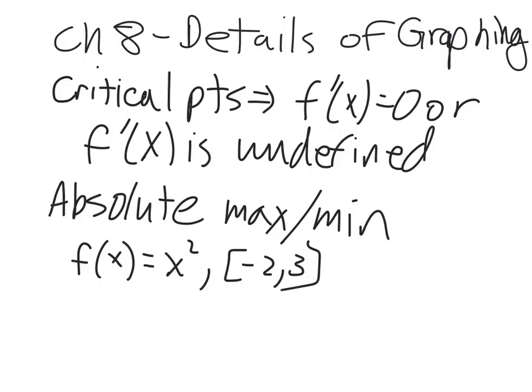X squared from -2 to 3. Well, the closed interval is saying x equals -2 is a possibility, x equals 3 is a possibility, but anything outside of that interval is not included. And of course, graphically, you should be able to figure this one out pretty easily if I could graph right.